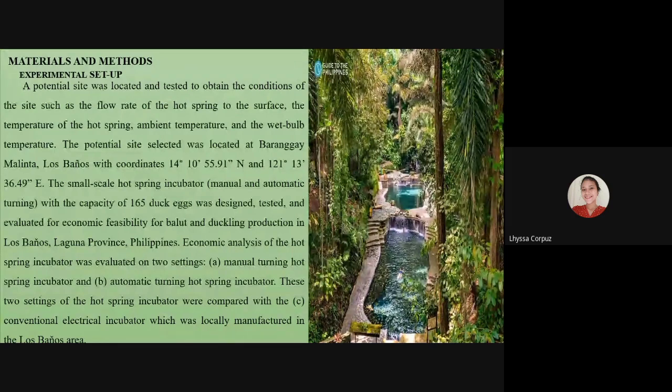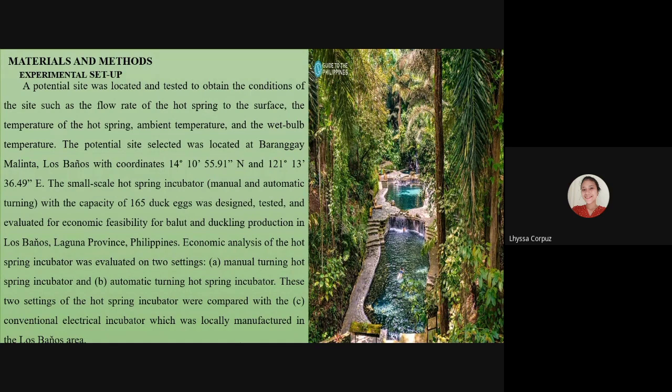These two settings of the hot spring incubator were compared with the conventional electrical incubator which was locally manufactured in the Los Baños area. So the experiment was conducted particularly in Barangay Malinta, Los Baños, at coordinates 14 degrees, 10 feet, 55.91 meters north and 121 degrees, 13 feet and 36.49 meters east.